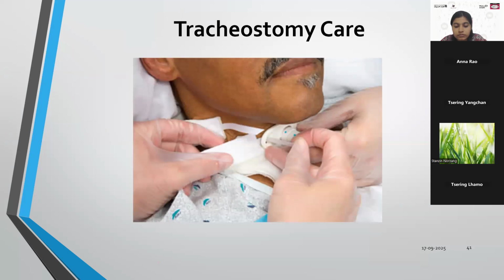So what is a tracheostomy? It is an opening into the trachea through which the patient will be breathing. With a tracheostomy, certain changes will take place, not only anatomical changes but also physiological changes. Based on those changes, patients will face certain problems. The foremost function of the whole respiratory passage is to keep it lubricated.